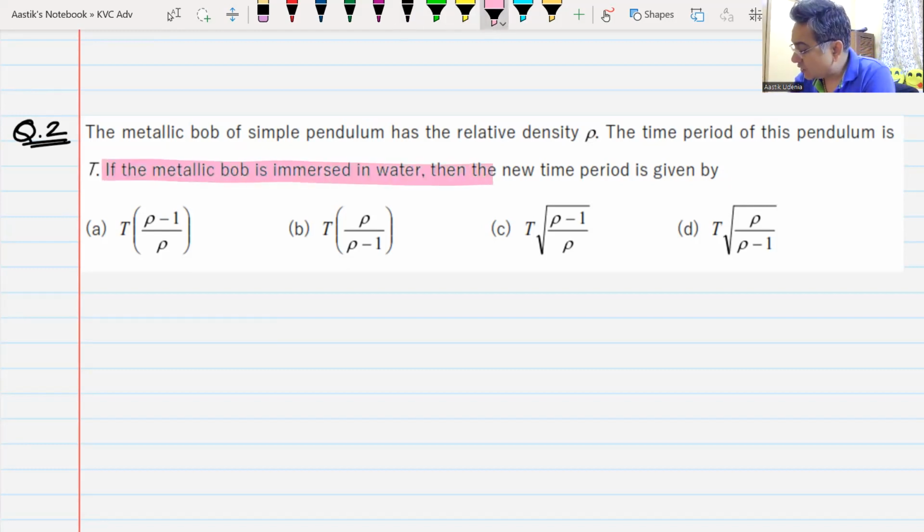So the bob is now immersed in water. These are very pet questions of JEE. Yes, my dear friends. Do we have any answer?